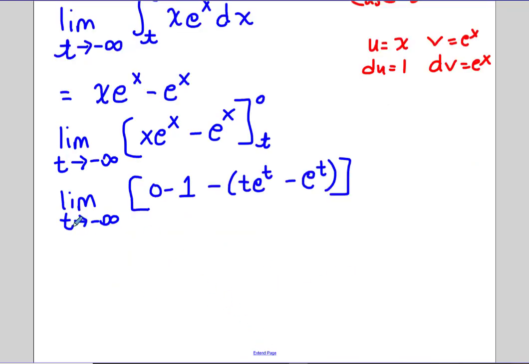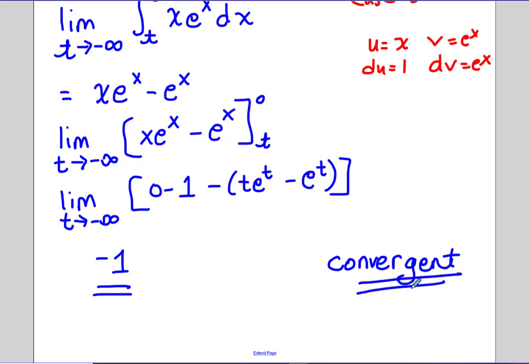And now if we consider as t approaches negative infinity, we have negative 1 here, and then a large number times e to the negative infinity. So that's going to send us to 0, and this would send us to 0. So our limit is negative 1. So the area under the curve converges to negative 1.